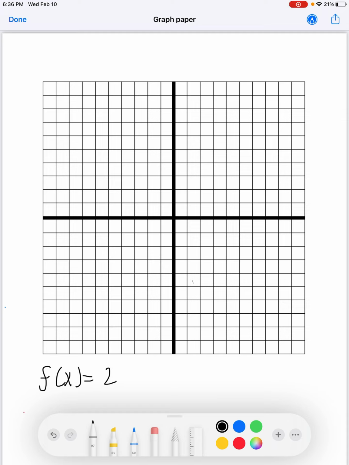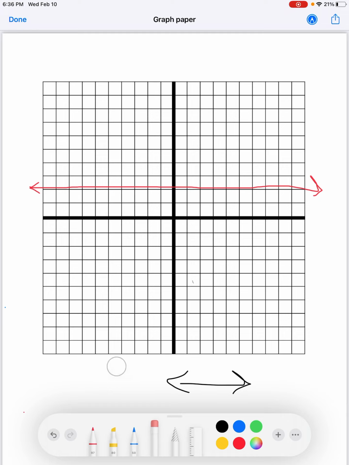That means every y value is going to be 2. But x values can be anything. But all y values are going to be 2. That's why it's horizontal, if all the y values are the same. So we go up to 2, and then we just draw a straight line across, because it doesn't matter what the x value is, the y value is never going to change. It's always going to be 2. That's what it looks like on the graph.